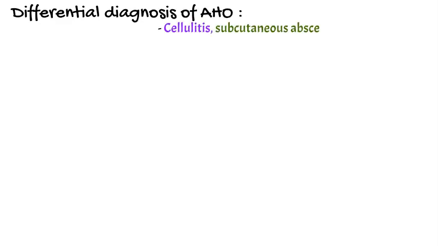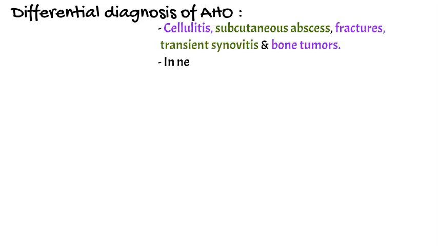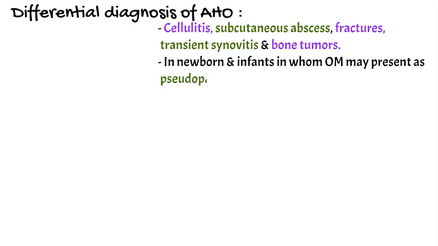Please remember that acute hematogenous osteomyelitis may mimic other diseases. The differential diagnosis for acute hematogenous osteomyelitis involves cellulitis, subcutaneous abscess, fractures, transient synovitis, and bone tumors.